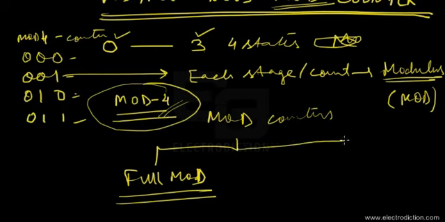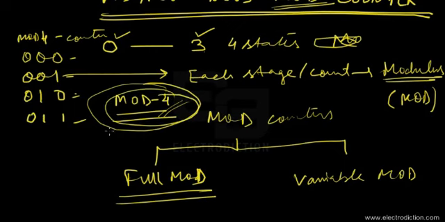It happens in many applications that we have to limit the number of stages that a counter should count. In that case we call them variable mod counters. If we again take the example of a mod 4 counter, it can count up to a maximum of 4 states.